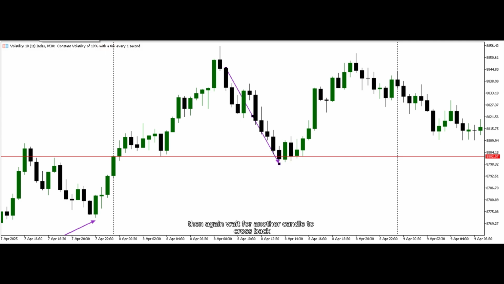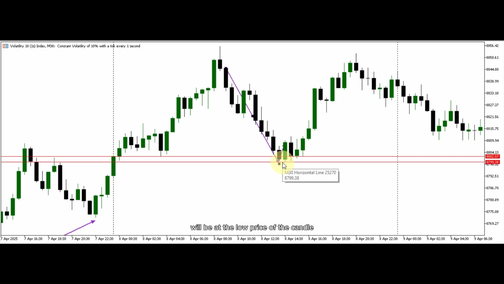Then again, wait for another candle to cross back the horizontal line and close above it. For example, here you can see this bullish candle. Immediately this bullish candle crosses back above this horizontal line, place a buy trade, and your stop loss will be at the low price of the candle, and your take profit will be between 1:6 to 1:7.